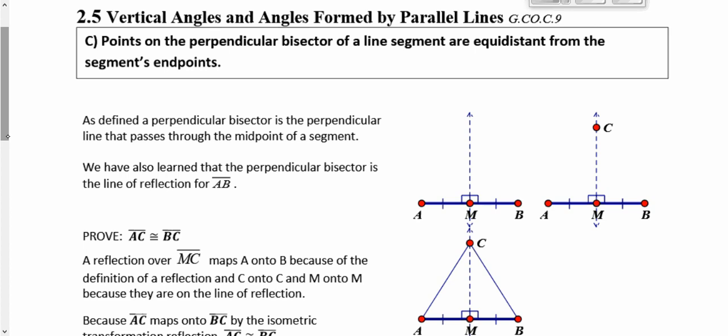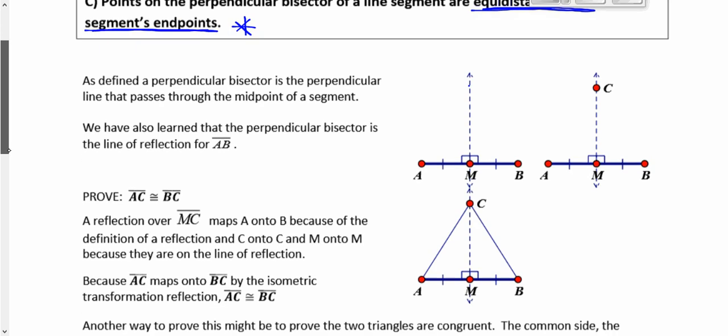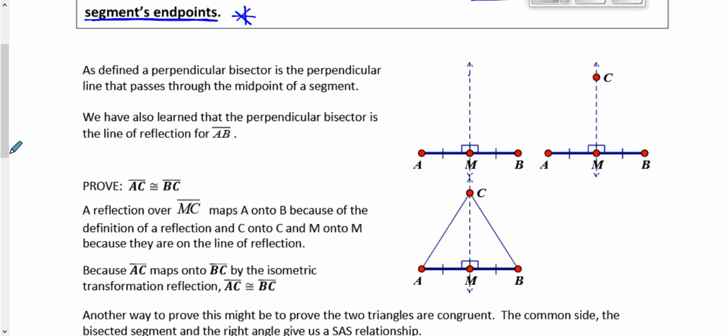So this is important. Any points, all points on a perpendicular bisector of a segment are equidistant from the segment's endpoints, okay? This is important to know. So here is a diagram. This thing here is a perpendicular bisector. Everybody agree? It's congruent right angles, okay? And what they did is they picked a point C on that perpendicular bisector and made a triangle out of it.